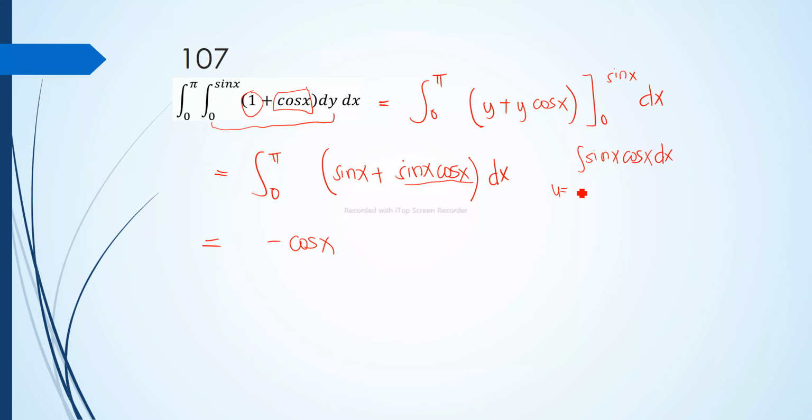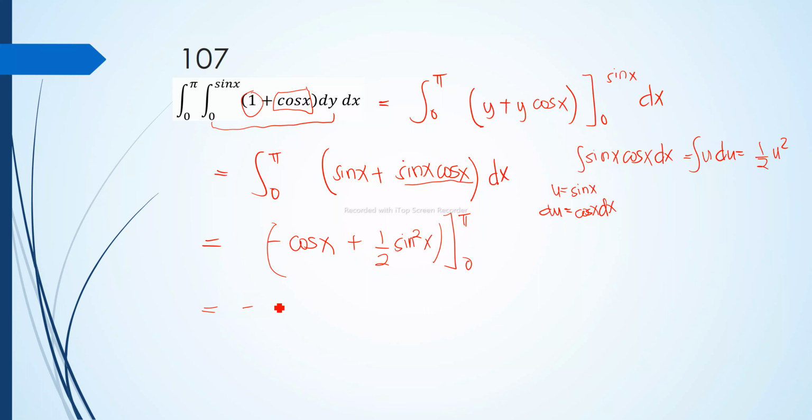If we let u be sine x, we know that du is cosine x dx. So we will have the integral of u du, or simply 1 half u squared. So that is plus 1 half sine squared x, and this will be evaluated from 0 to pi.